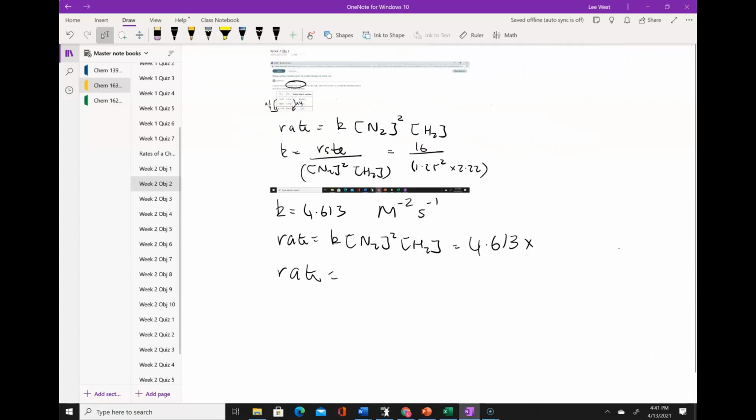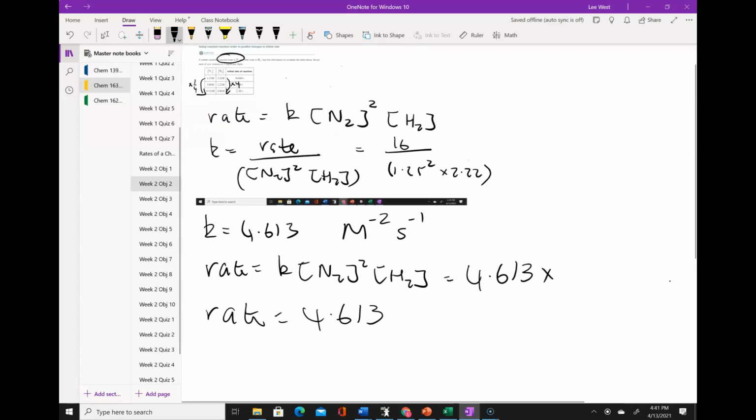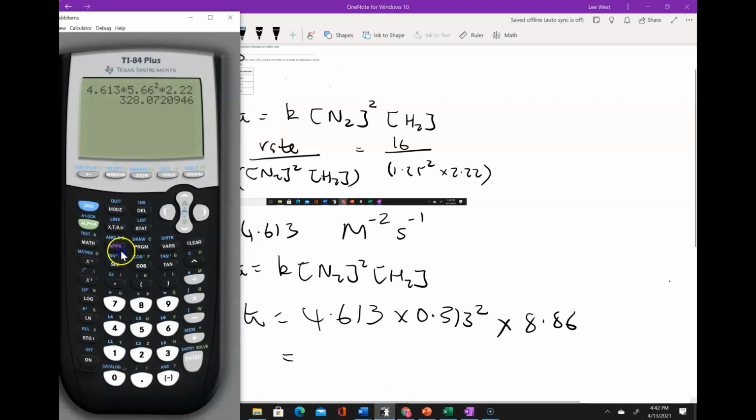Let's see what we get. So my K, 4.613, my N2, 0.313 squared. I should have written it on that line, shouldn't I? And then my H2, 8.86. There we go. So K, N2 squared, H2. And I was betting that it was going to be less than 16. Let's see what we get.